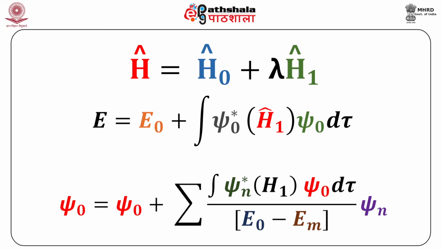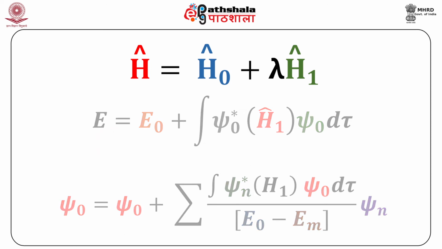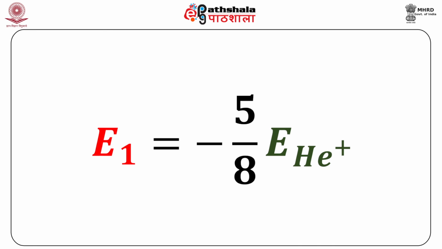So using all these equations, we found that the first order correction to the energy is given by the expression equal to 5 by 8 energy of helium ion.